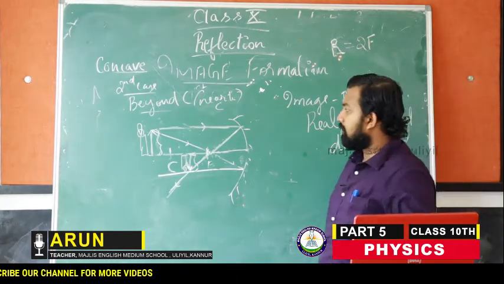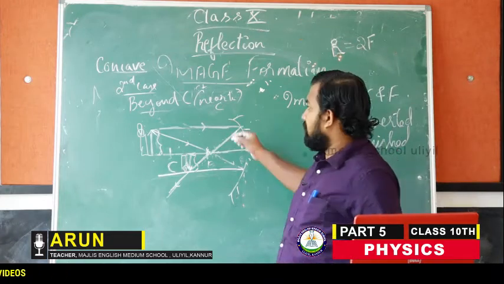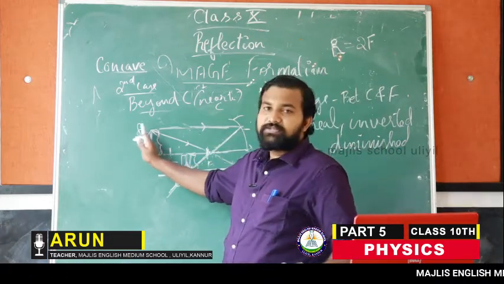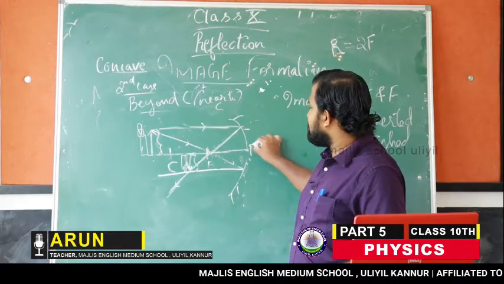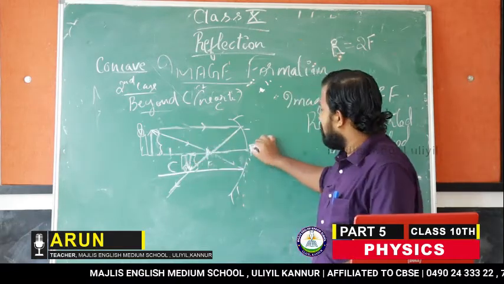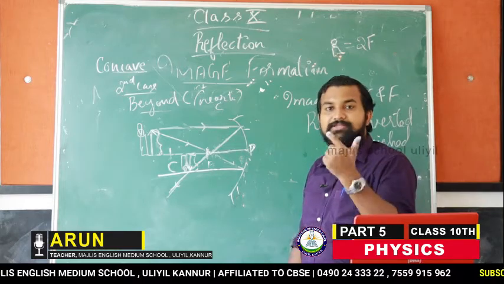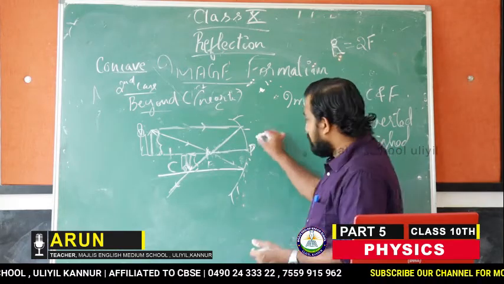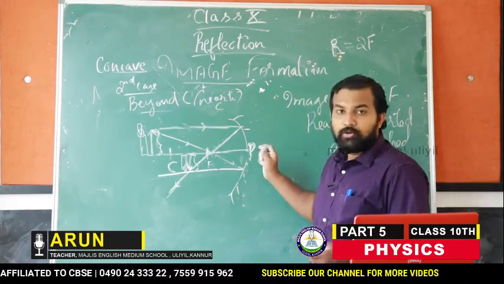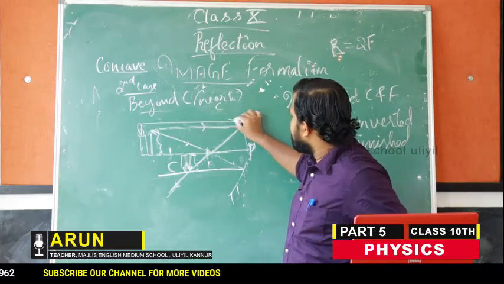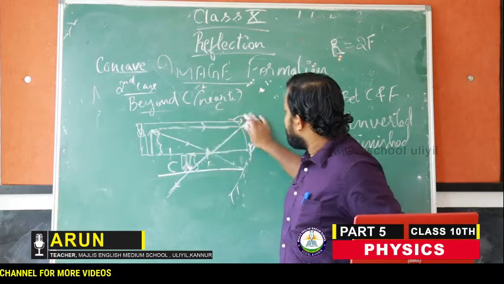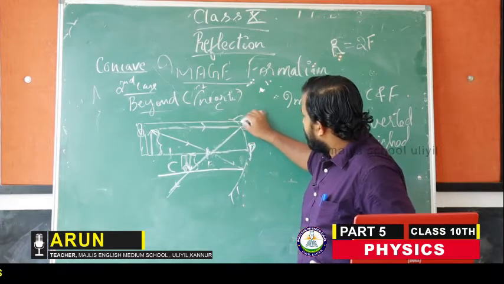Now one more important thing to be noted down. If I am keeping an object near to C, I have to calculate the distance of the object from the pole. Whatever distances we are calculating, we will be calculating from the pole, or from the mirror.